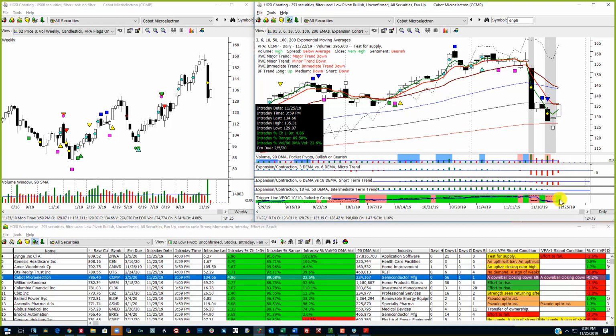Now looking back down here, you can see that the volume point of control 10-day turned positive. There's no pocket pivots today, and the expansion is not enough yet to get this back above the 0 line because the 3 is still below the 6.